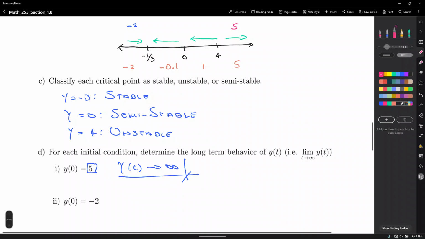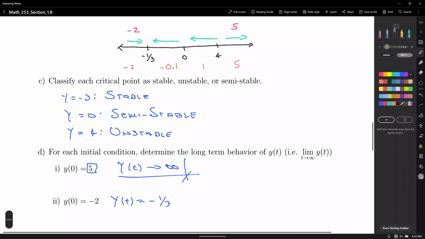Now the number -2 is going to step on the arrow and it's going to go on a trip. Where is it going to be pulled to? It's going to approach -1/3. So it's going to take a right and get to -1/3. So in this case, y of t approaches -1/3.